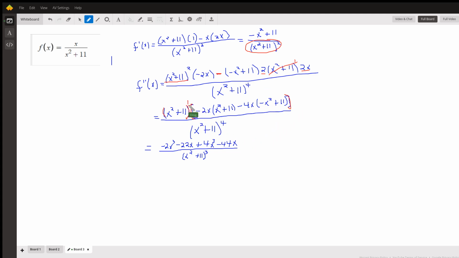Distribute, notice that this x squared plus 11 in the numerator cancels out, so we get x cubed, and this simplifies to 2x cubed minus 66x all over x squared plus 11, the quantity cubed.